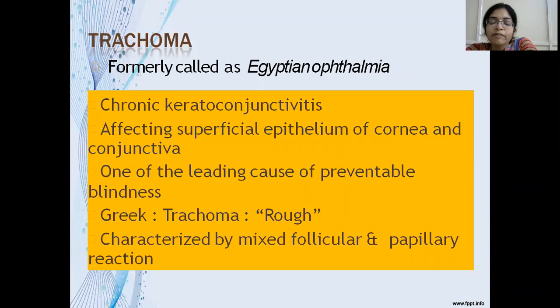Now, if you remember, as in our earlier classes, follicles were more common in viral conjunctivitis, especially in the lower part, and papillae were associated with allergic conjunctivitis, and this was more common in the upper palpebral conjunctiva, right?